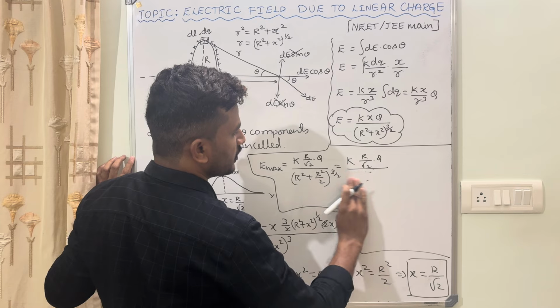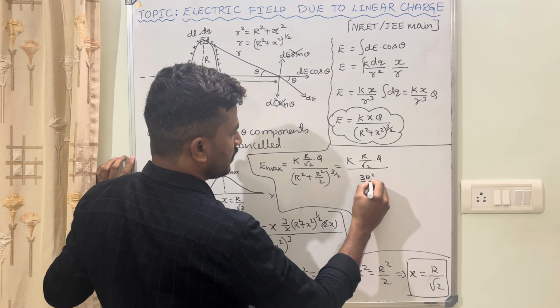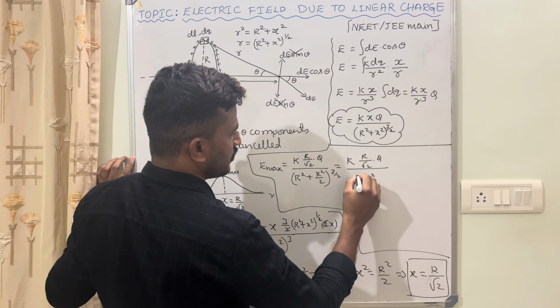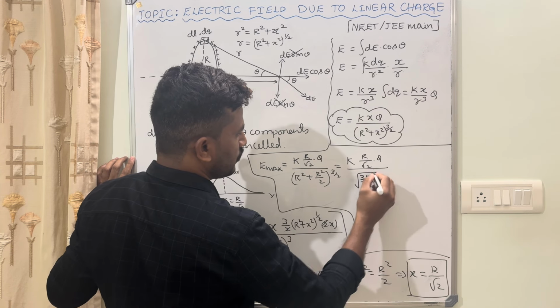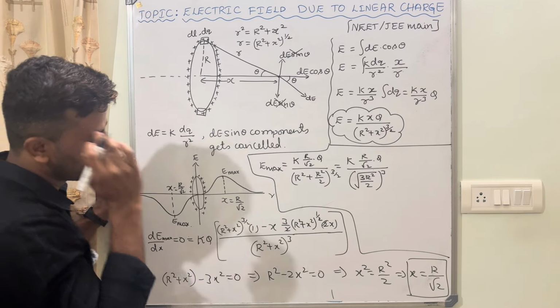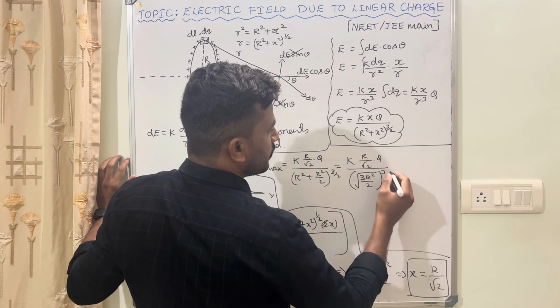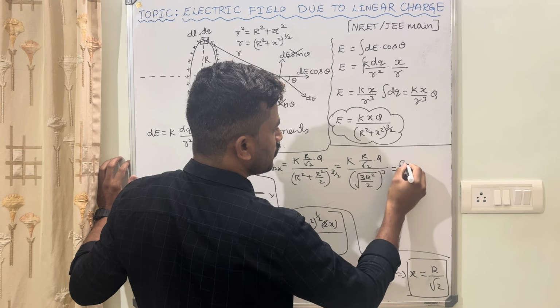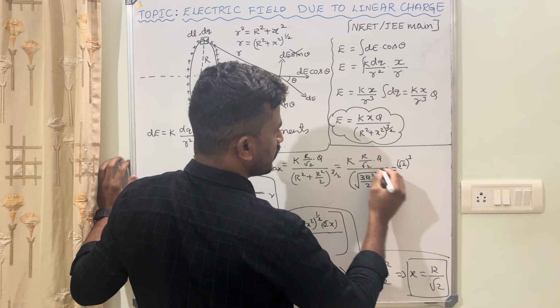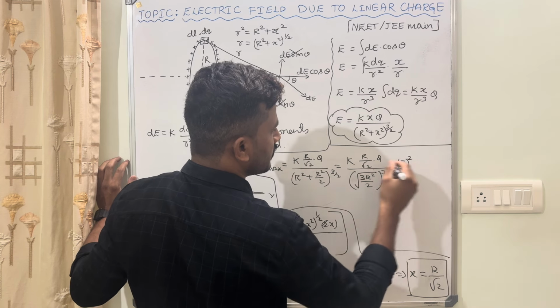Power 3 by 2 means what? 3 r square by 2 under the root, whole cube. So root 2 whole cube will go up, and root 2 whole cube divided by root 2 will be root 2 whole square.